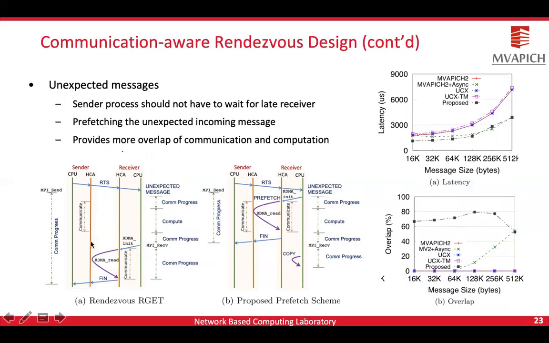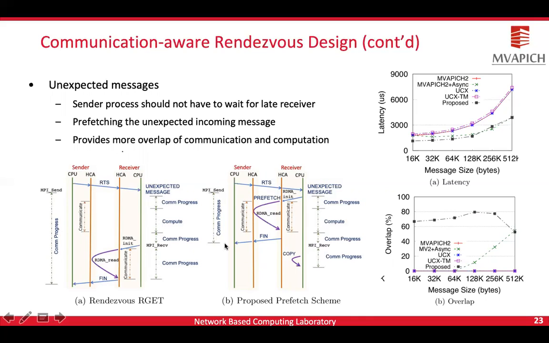On the left-hand side, I'm showing the rendezvous target, however, in the unexpected manner. So basically, the sender process has posted the send, but at this point, the receiver process has not yet posted the receive request. Therefore, the sender process is getting stuck here because of the delayed receiver side.